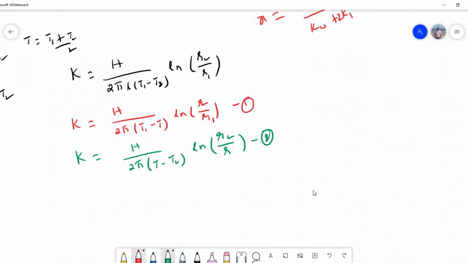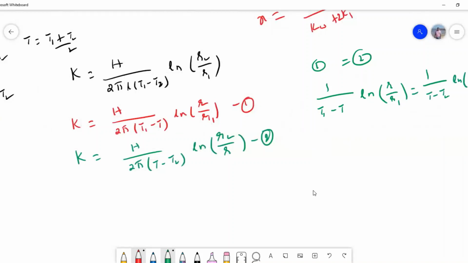When I equate 1 is equal to 2, I can say that H by 2 pi will cancel. So 1 upon (T1 minus T) into ln of R by R1 is equal to 1 upon (T minus T2) into ln of R2 by R.